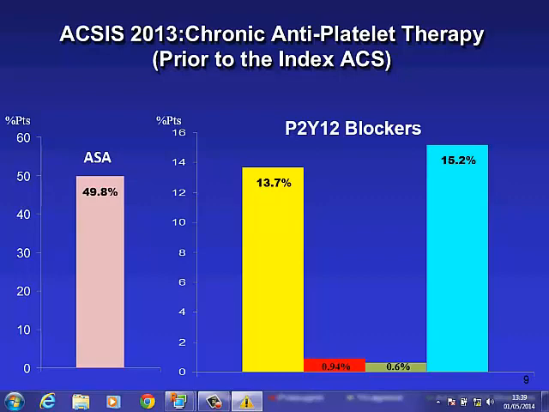About 13-14% of the patients were on clopidogrel while arriving to one of the units in Israel with ACS.